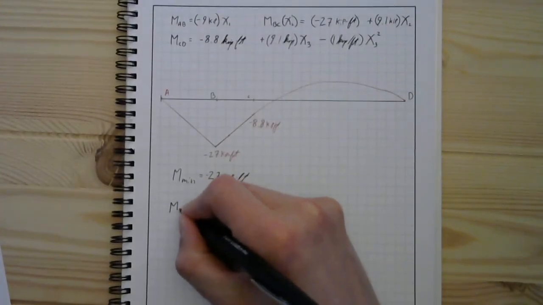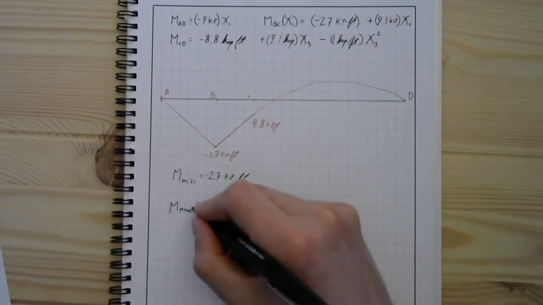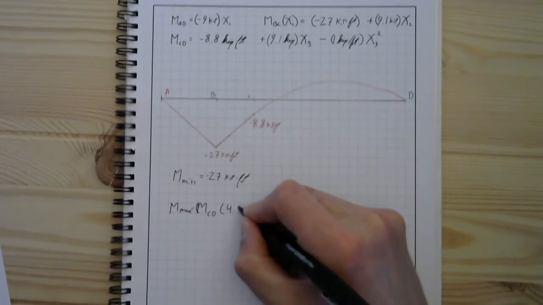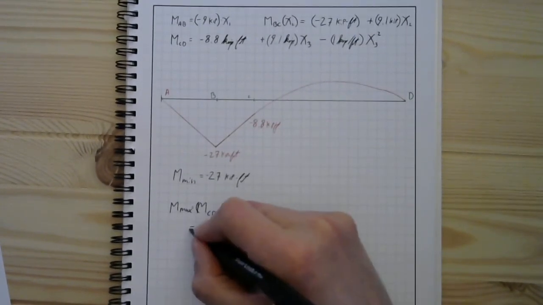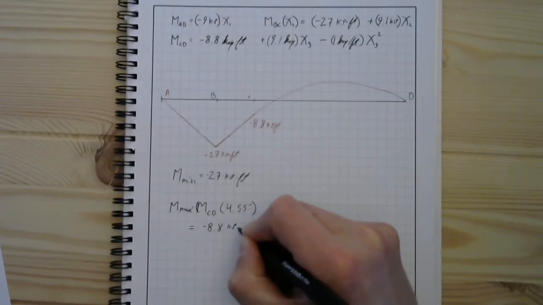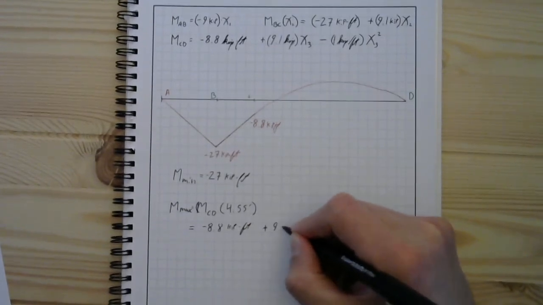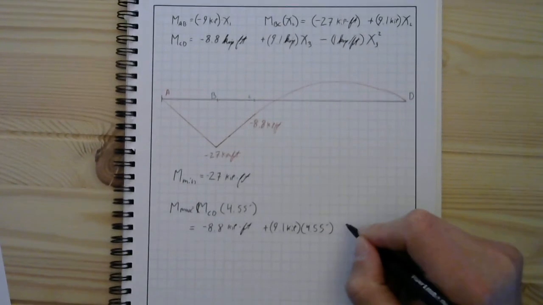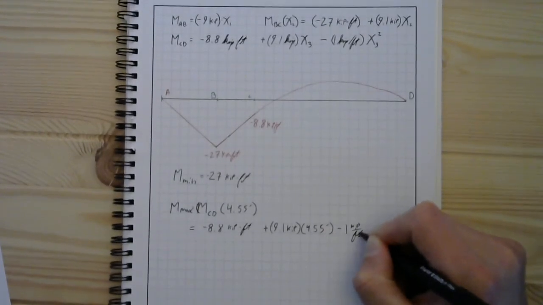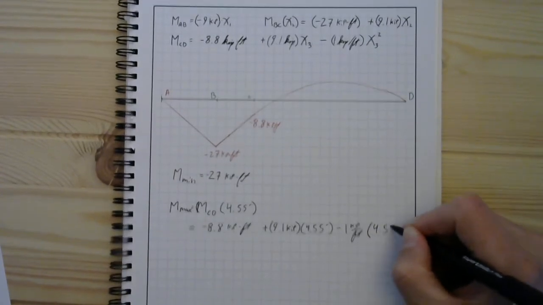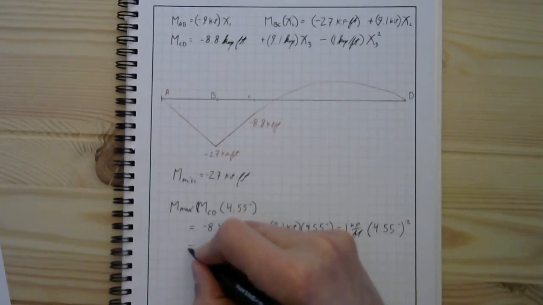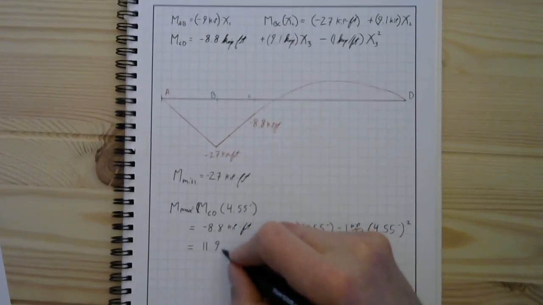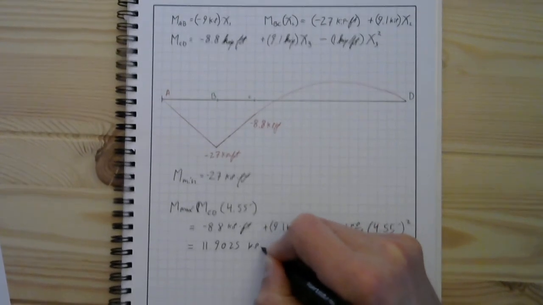So if you just pop that in to this, which would say it's the moment from C to D of 4.55 feet, we're going to get negative 8.8 kip feet plus 9.1 kips times 4.55 feet minus 1 kip per foot times 4.55 feet squared, and that's going to be 11.9025 kip feet.